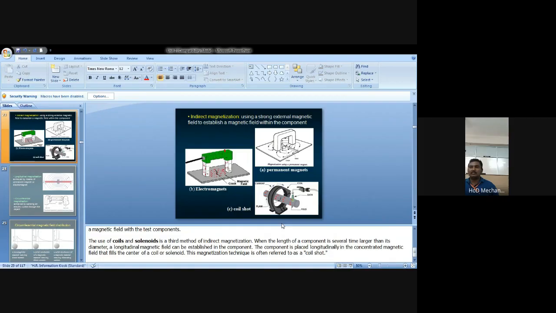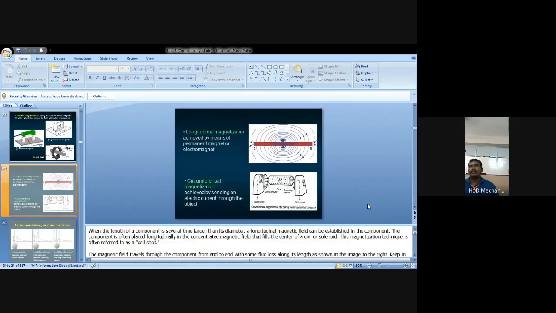This magnetization technique is often referred to as the coil shot method. Okay, so that is the indirect method of magnetization. That is one of the NDT methods. In this method, we can only check ferromagnetic material. Here, there is longitudinal magnetization and circumferential magnetization.